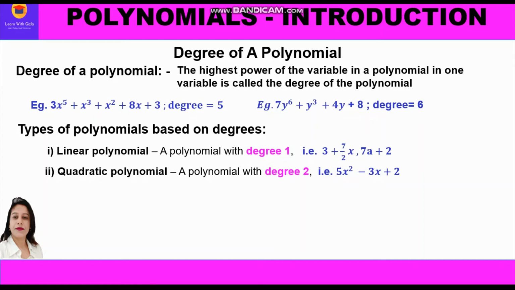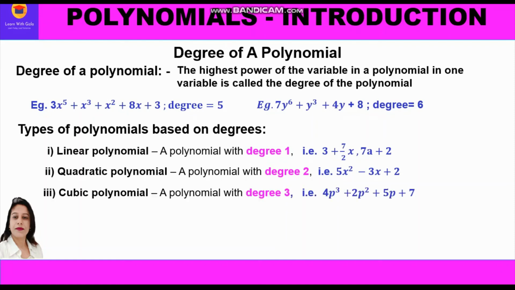Now we have cubic polynomial. That means a polynomial having degree 3 is called a cubic polynomial. For example, 4p cube plus 2p square plus 5p plus 7. So the highest power is 3 over here, so the degree is 3 and it is known as a cubic polynomial. Further, we have quartic or biquadratic polynomial.